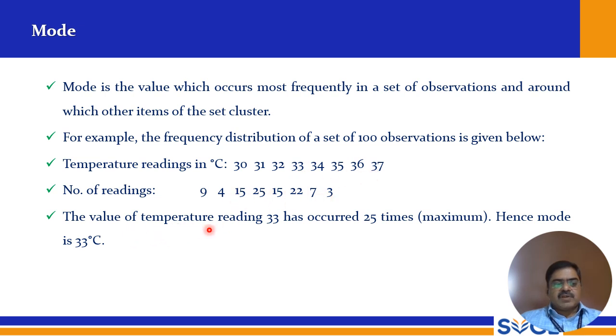The temperature reading 33 has occurred 25 times, the maximum, hence the mode is 33 degree centigrade. So this is how you can calculate mode.